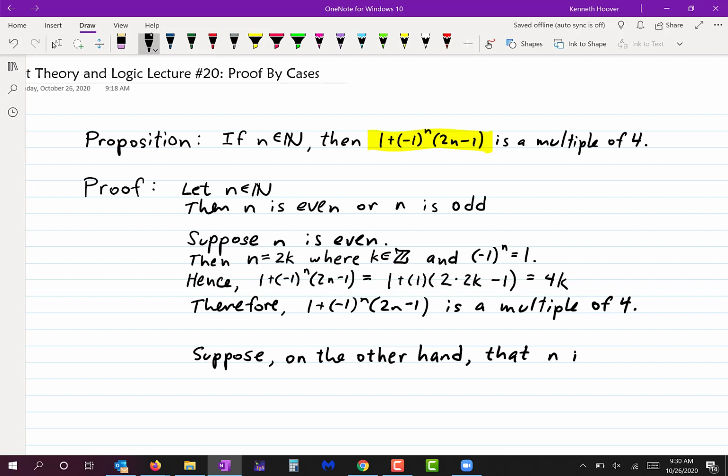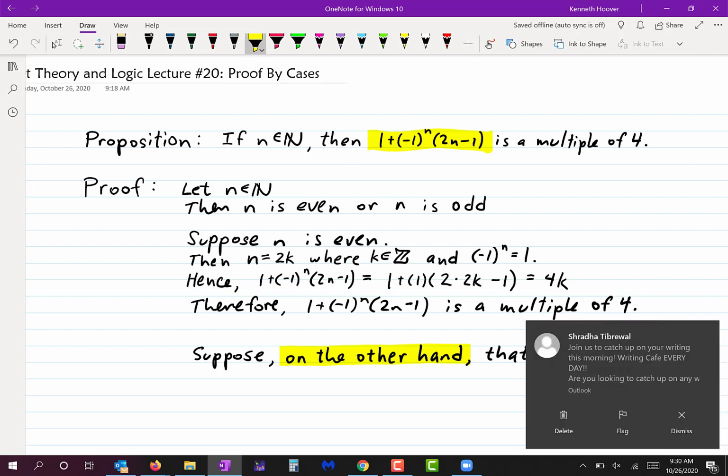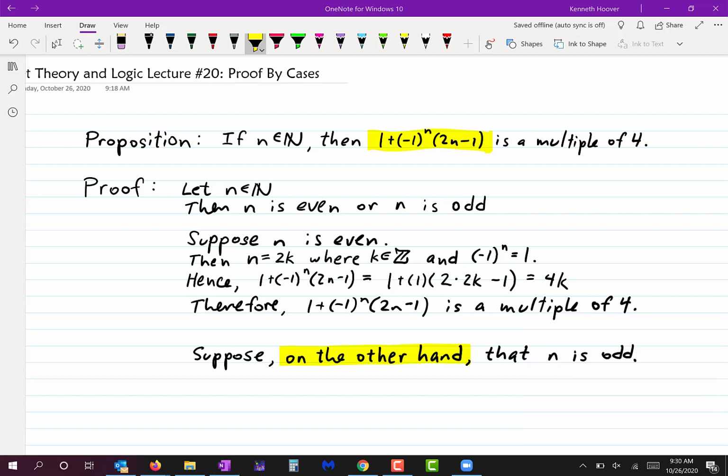So what that does is it's just a second way of alerting the reader. When you say on the other hand, you're saying, hey reader, by the way, I'm not just continuing still with the same situation that n is even. I'm actually doing a different situation here. So that phrase, on the other hand, is a key to the reader that we are now switching to the other case. You see what I'm saying?